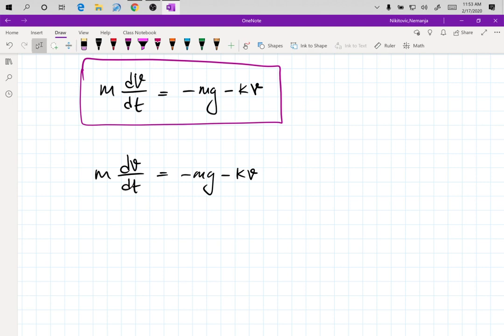This used to be on someone's project a couple of years back. I remember people stopping by, going crazy with the calculations, which is cool. All right, so divide by m everywhere. And now we have dV/dt equals negative g minus (k over m) V.